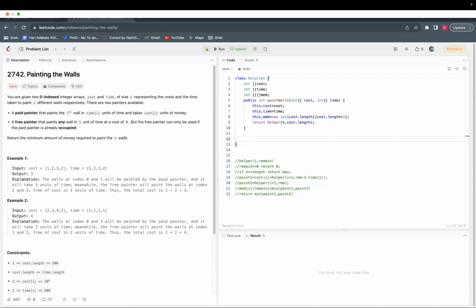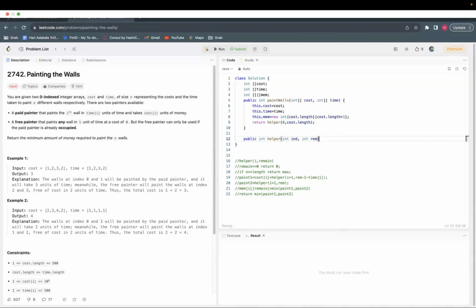So what is this helper function? This will return an integer to paint from this particular index and these many walls. So it will take int index and int remaining.